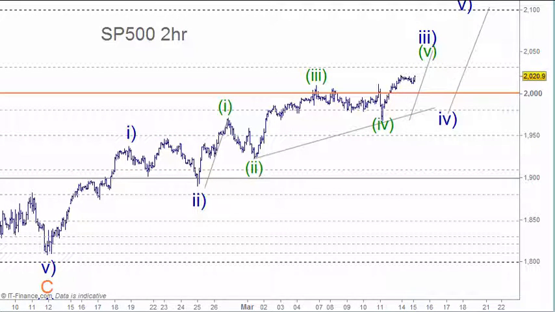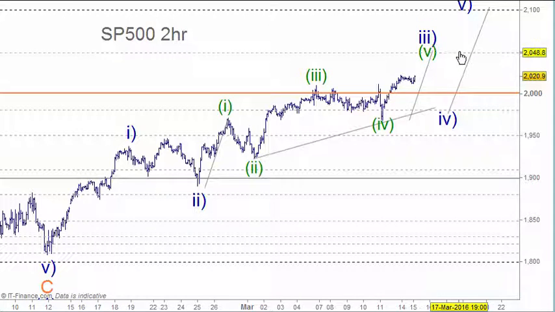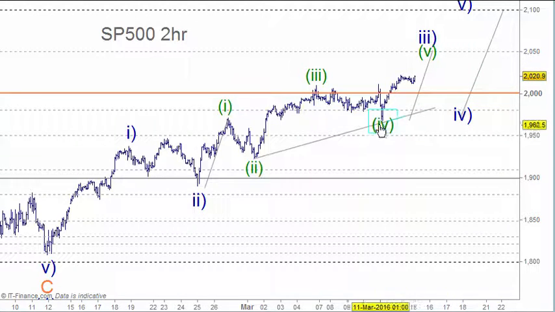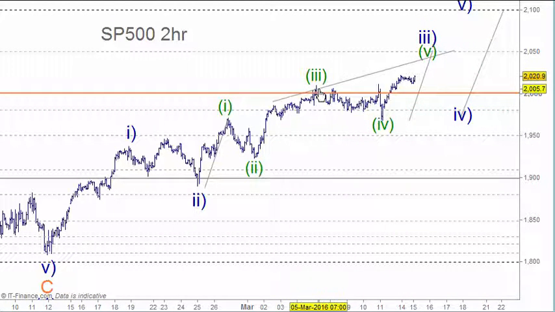So all pretty straightforward and simple, and within this structure, once this is finished, we'll be looking from wave 3 to wave 4, and wave 4 can pull back to the wave 4 of one lesser degree, so that would be on the cards as well.